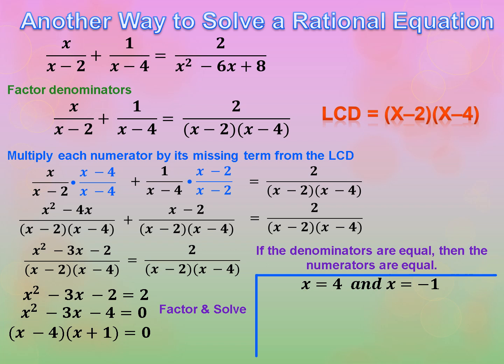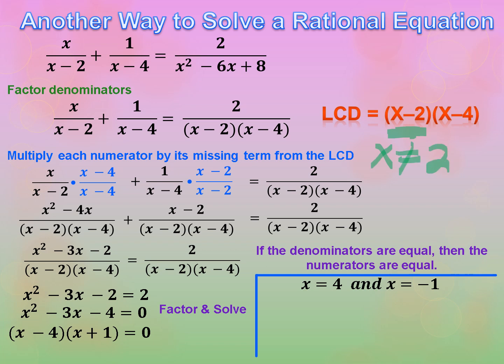But we can't stop there because we have to check and see, are our solutions part of the domain restriction? So I go up here, and basically my LCD is the common denominator all the way down. So I look and I say, well, that tells me that x can't be 2.